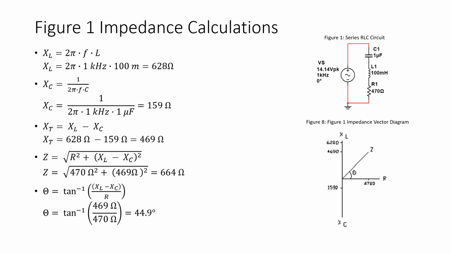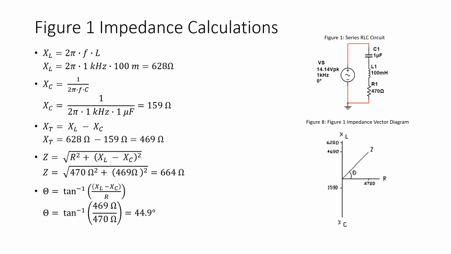Inductive reactance, 2 pi FL, for the circuit of figure 1 is 628 ohms. Capacitive reactance is 1 over 2 pi FC, and for the circuit of figure 1, this is 159 ohms. So the total reactance, the difference between X sub L and X sub C, is 469 ohms.